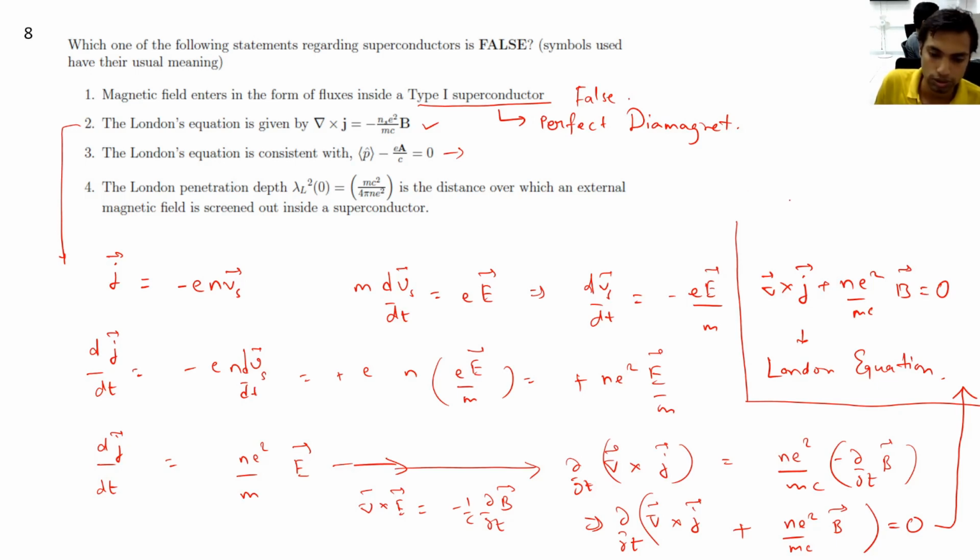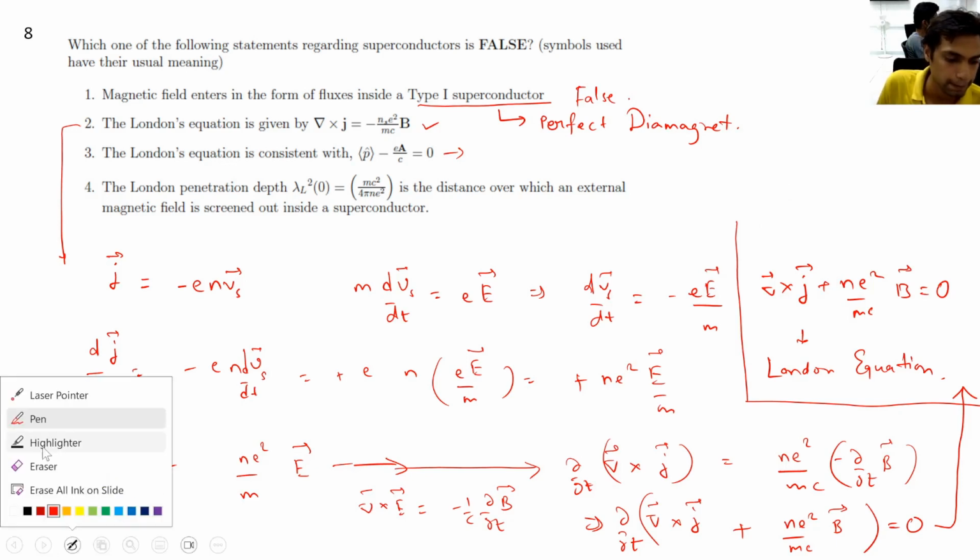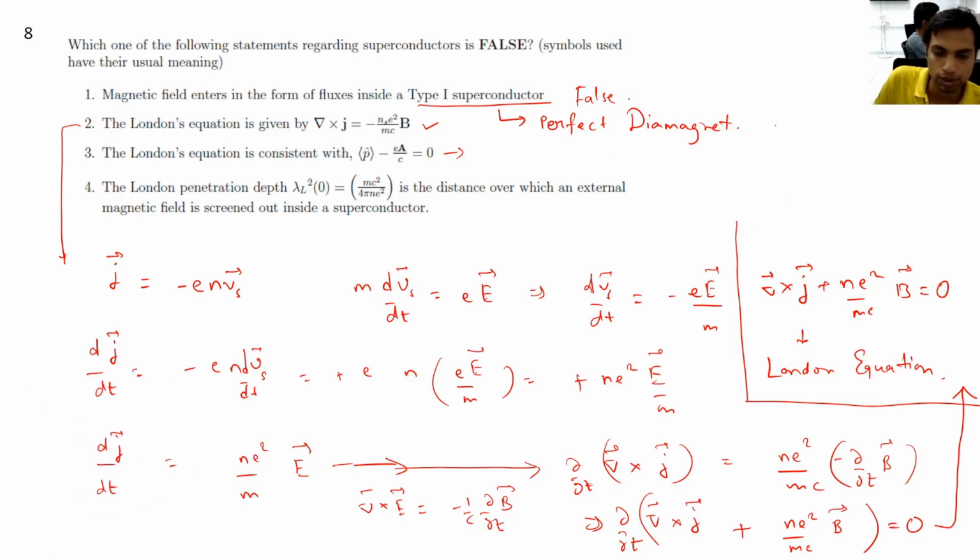Here B you can write as curl of A, and j is equal to minus n e v, and you know mv is equal to p, so v is p over m, giving j equal to minus n e p over m.